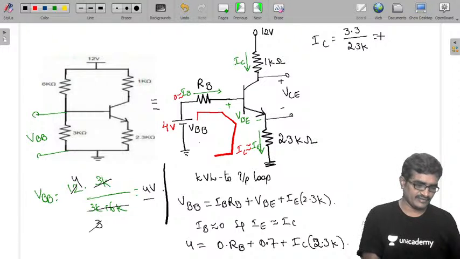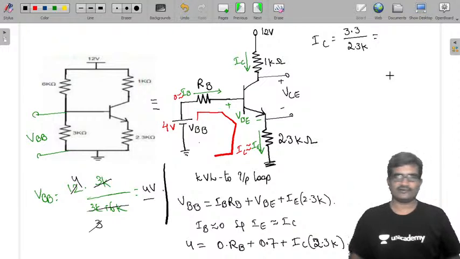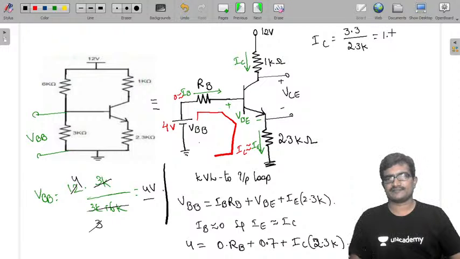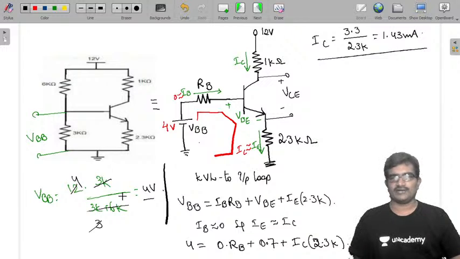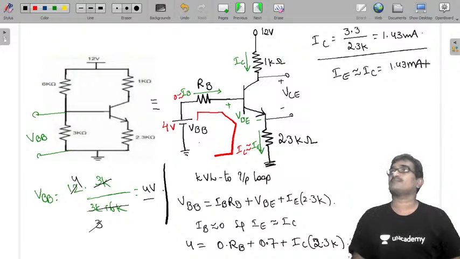So 3.3 by 2.3 is 1.43 milliamperes. Once you know IC, IE we also know: IE is approximately IC, which is 1.43 milliamperes.